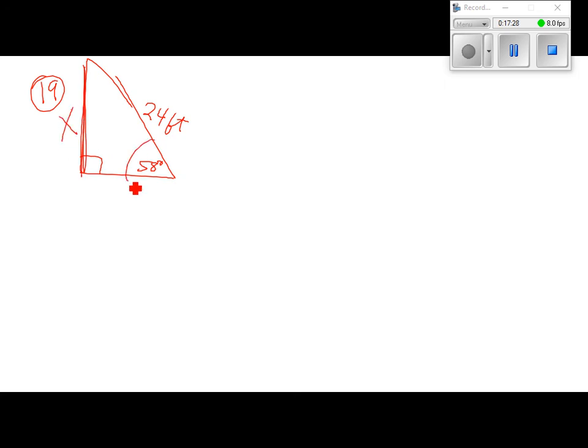We'll have to use SOHCAHTOA again. So we label the triangle: that's opposite, that's hypotenuse. The side over here would be the adjacent. The ones that we want to deal with this time are opposite and hypotenuse. That's the SOH part, so that's the sine.